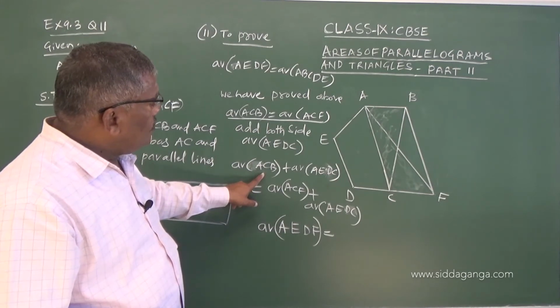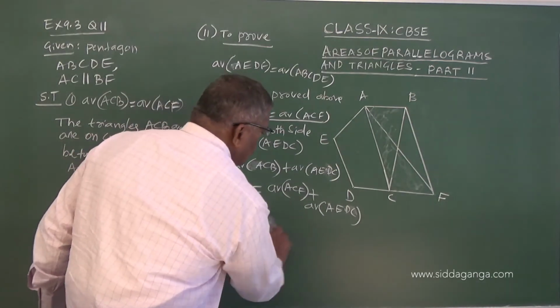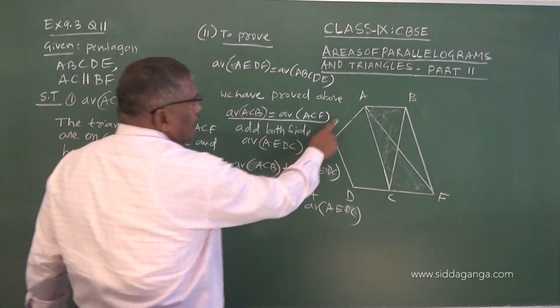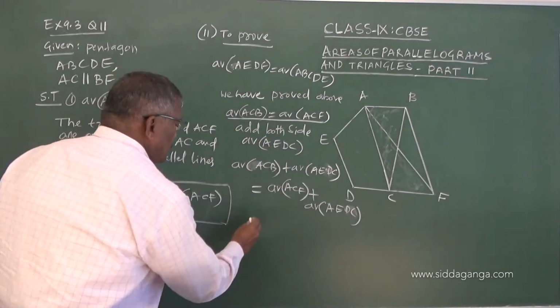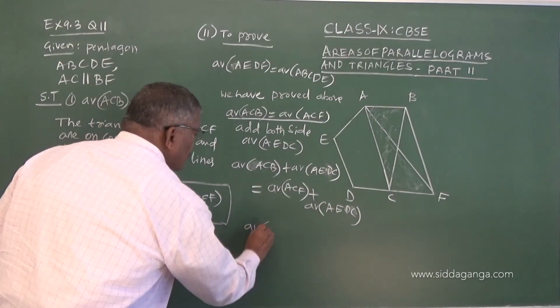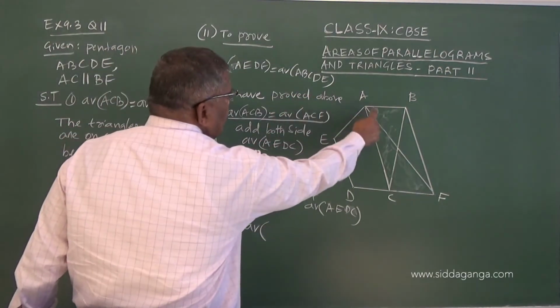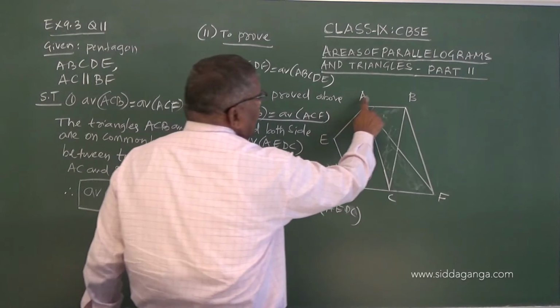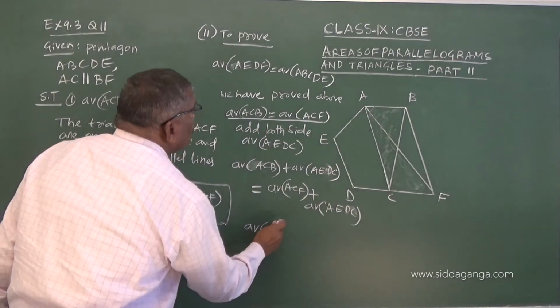No, this I have written wrong, observe here, ACB plus this triangle is area, you will get ABCDE.